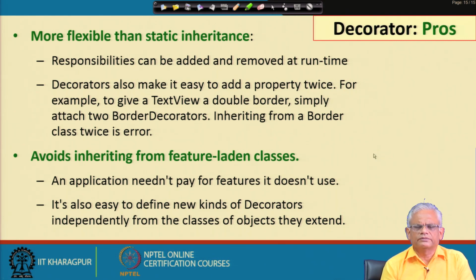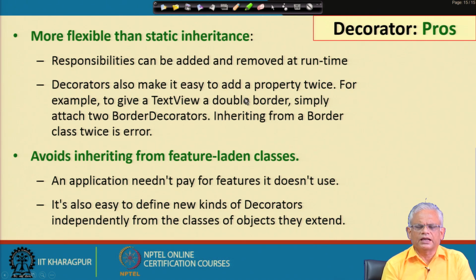Now, we have some experience in applying the decorator pattern. You have seen that it is more flexible than static inheritance. Responsibilities can be added and removed at runtime. We can add a property twice.